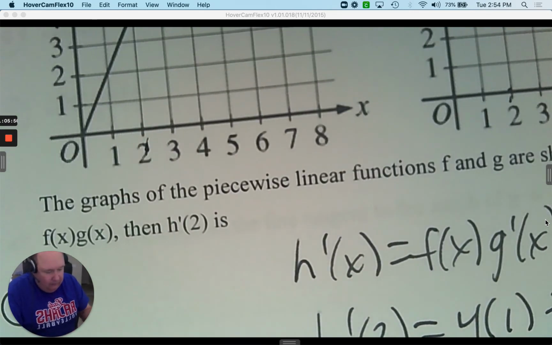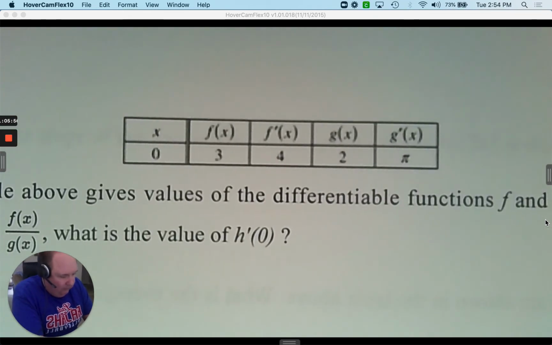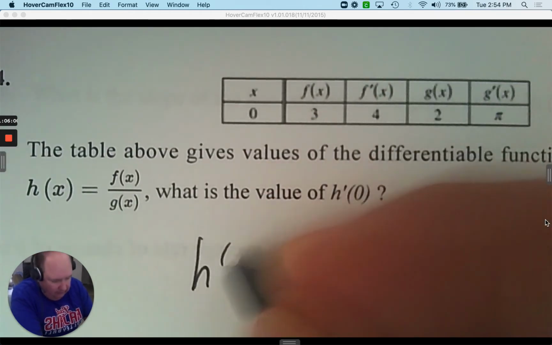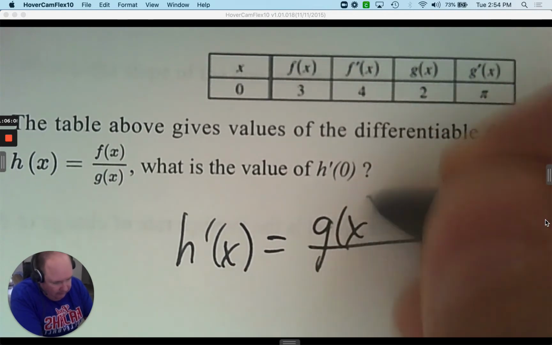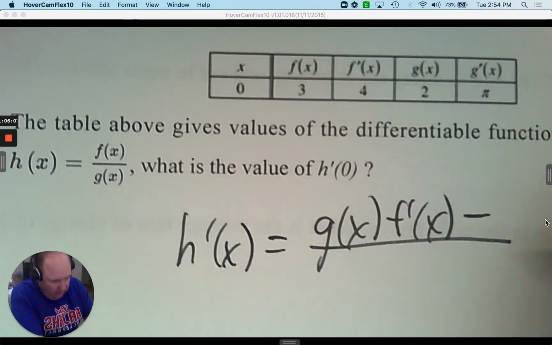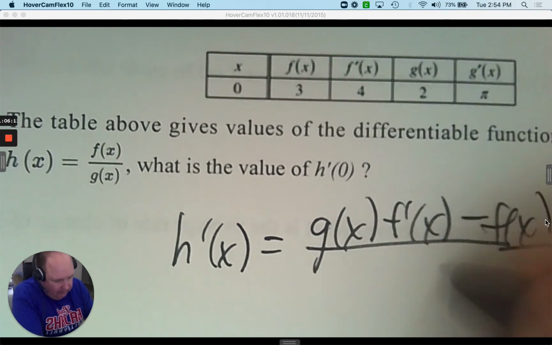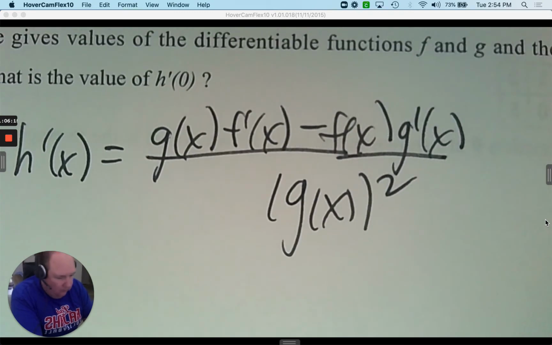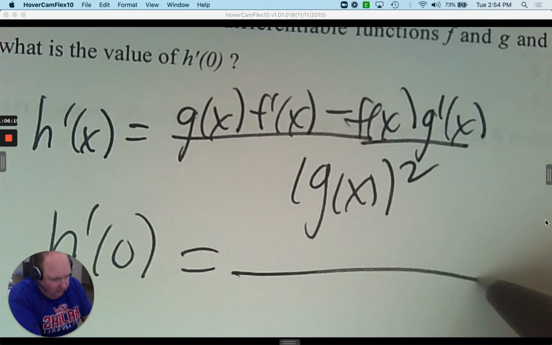In number 44, the table above gives values of differentiable functions f and g, and their derivatives. So do you know the quotient rule? And then use the table of values. So the quotient rule is the bottom times the derivative of the top, subtract the top times the derivative of the bottom, and then the bottom squared. So there is the rule. Now what happens at 0? We look at the table to give us values.